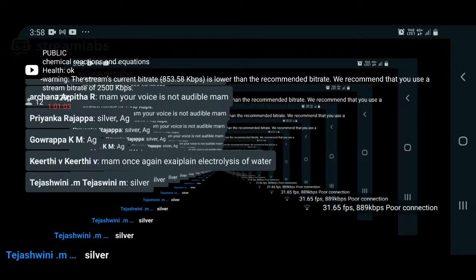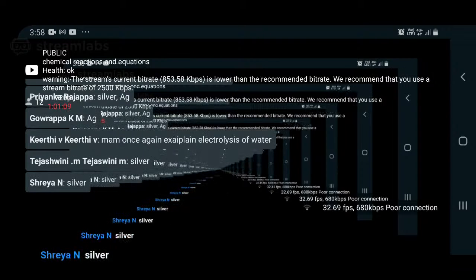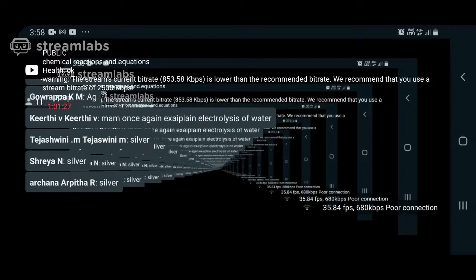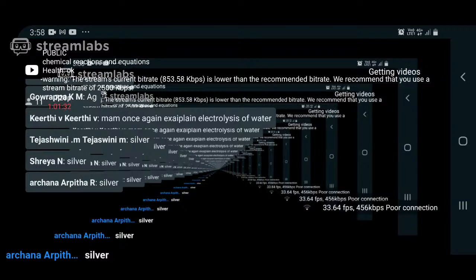And the water starts breaking down to release oxygen at the anode and hydrogen at the cathode. The water breaks down to release hydrogen and oxygen in the presence of electricity. Hence it is called electric decomposition. Clear, Kirti?